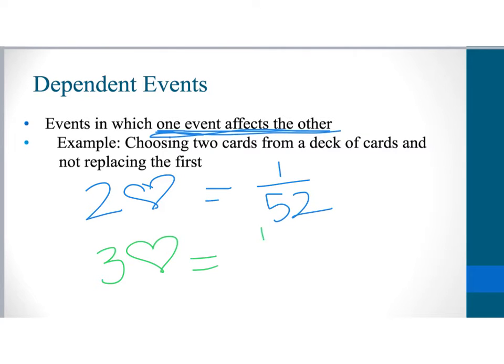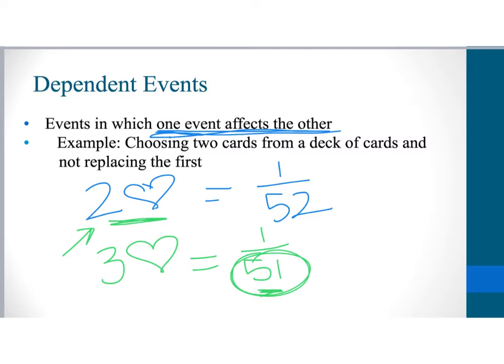Now the 3 of hearts is 1 out of 51 because you did not replace the 2 of hearts back into that deck, so there's only 51 cards available. So this would be an example of a dependent event. In this case, your denominator is going to depend on whether or not you put this 2 of hearts back into that deck.